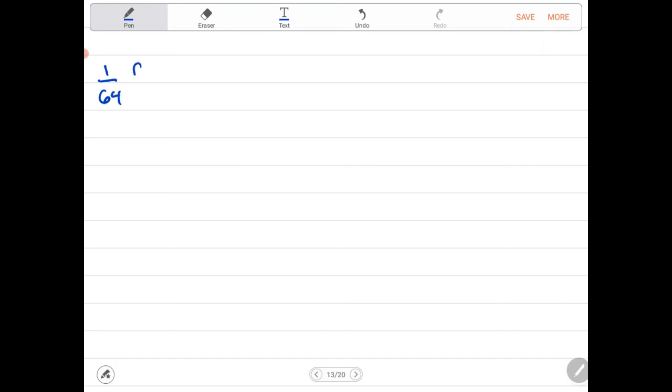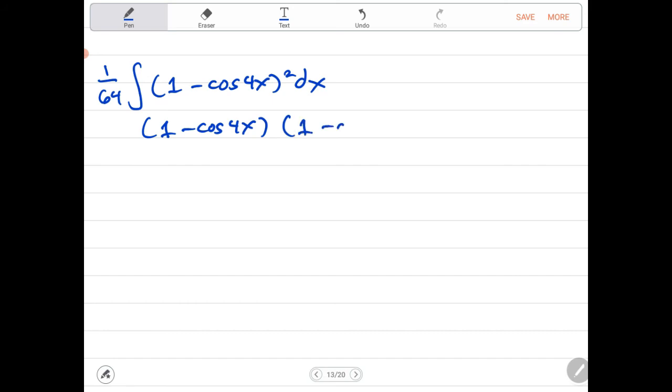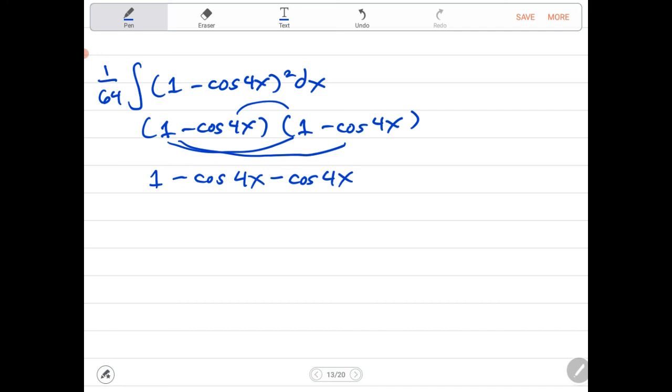1 over 64, the integral of 1 minus cosine 4x squared dx. Let us expand. So, that is 1 minus cosine 4x times 1 minus cosine 4x. Let us use FOIL method. So, 1 minus cosine 4x minus cosine 4x plus cosine squared 4x.